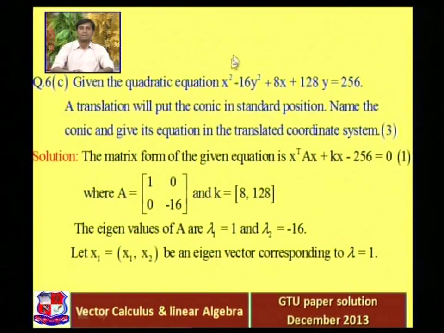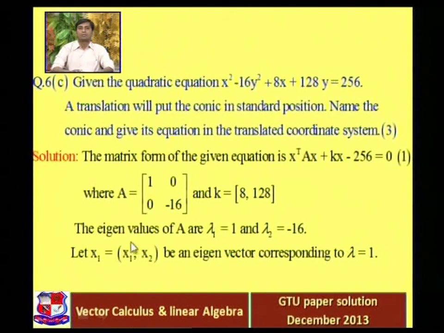So this is from x squared minus 16y squared, we get 1 and minus 16, with 0 and 0 off the diagonal, and K is the coefficients of x and y, that is 8 and 128. The matrix form of this equation is x transpose Ax plus Kx minus 256 equal to 0.